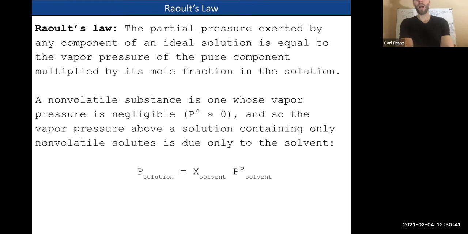Okay, and we can say that because the vapor pressure is essentially negligible because that solute isn't evaporating and contributing to any gas hovering over the solution. It's just going to be made up of the vapor pressure of the solution itself.